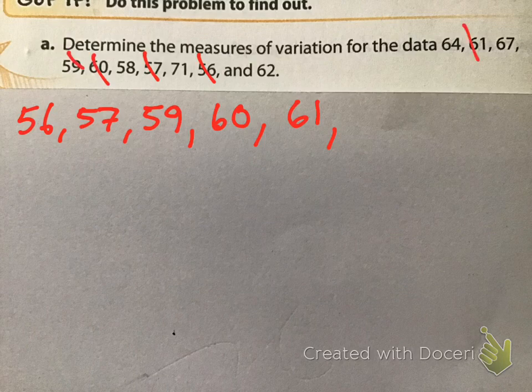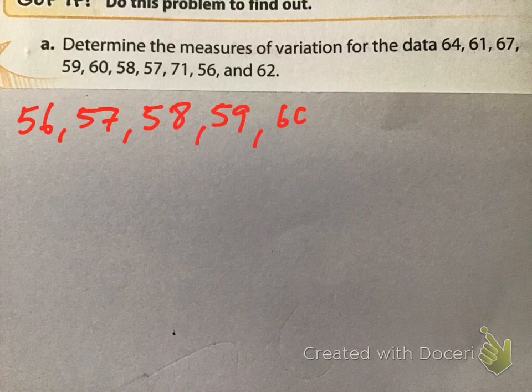Oh, I missed one, see? This is why I cross things off the way I do. We make that a 58. Then 59, 60, 61, 62. So let's go back. 56, 57, 58, 59, 60, 61, 62.